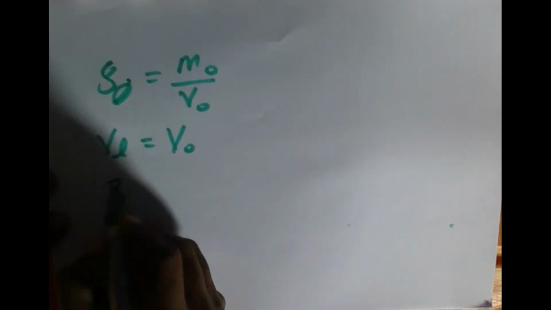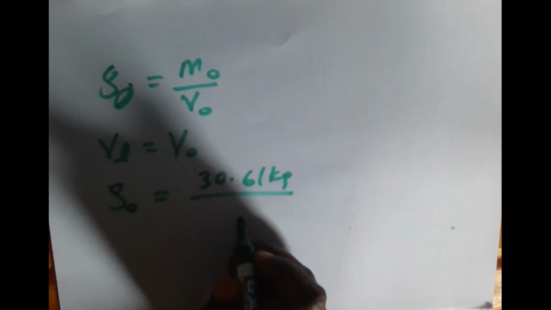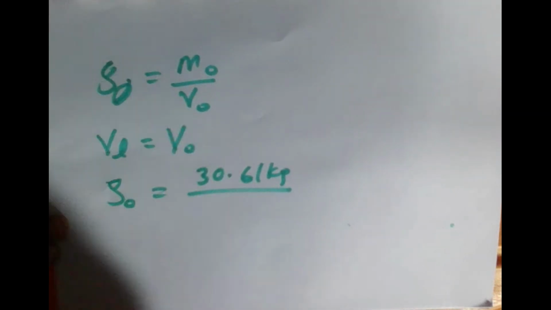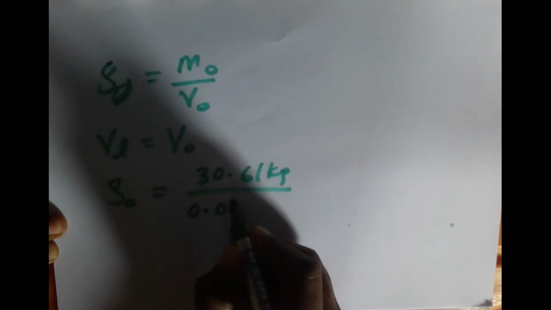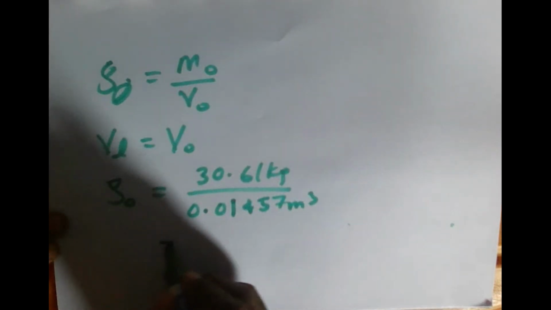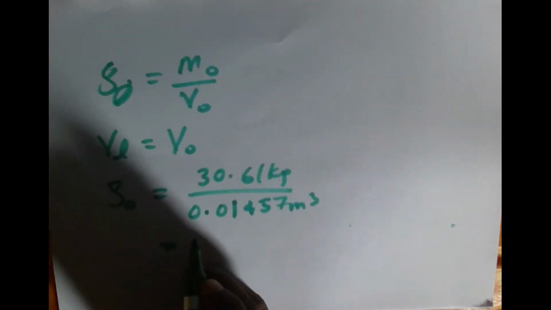Therefore, rho of the object is equal to first we take the mass of the object, which is 30.61 kg, divided by the volume of the displaced liquid, which is the volume of the object, 0.01457 meter cubed.